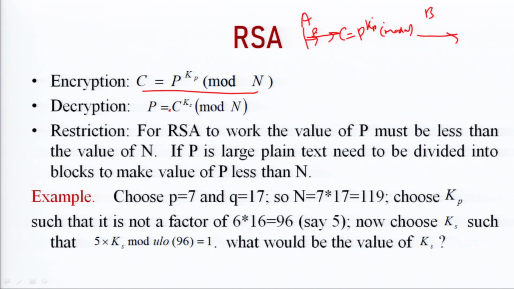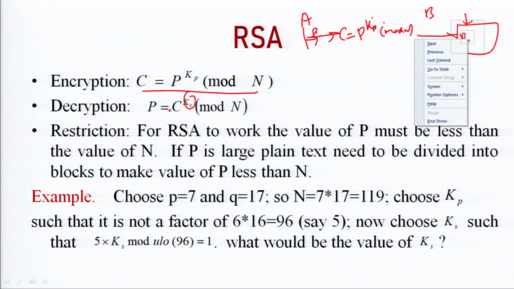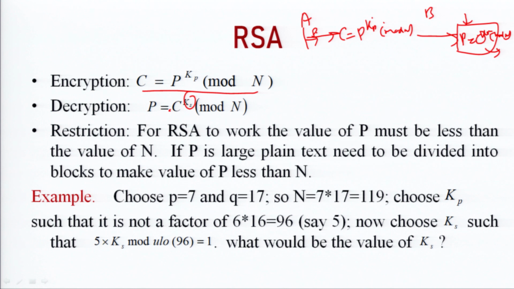Then it will go to the decryptor side, and with the help of the decryption key Ks, it will convert it into P is equal to C to the power Ks modulo n. So, again you will get the original plain text message P.